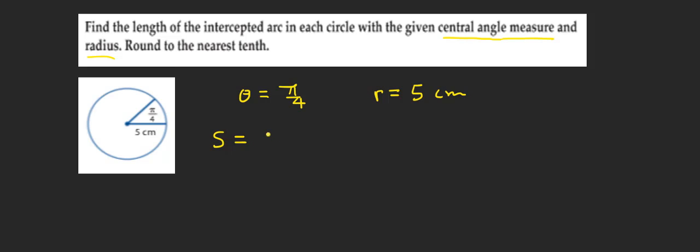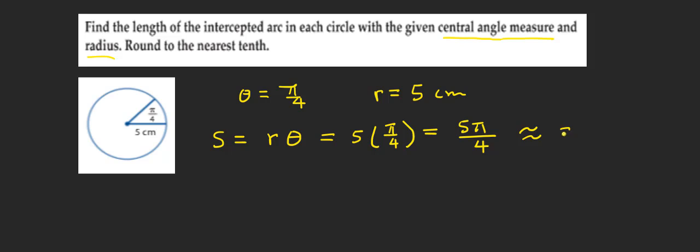It's going to be r times theta, which is 5 times pi over 4, and that is 5 pi over 4. Now you need a calculator to evaluate this. Remember, pi is approximately 3.14, but don't use 3.14. Use the calculator, enter pi, and you'll get a more accurate answer. And when you round it to the nearest tenth, it's going to be about 3.9 centimeters.